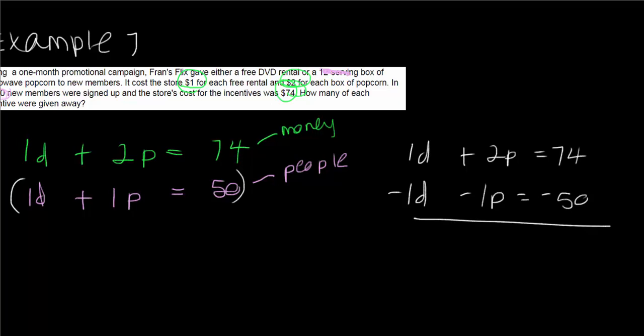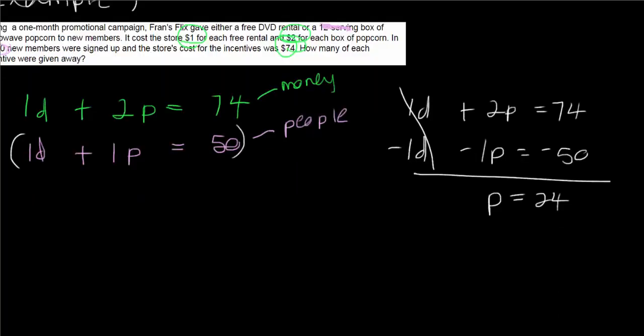And I can eliminate d right here. So the d's eliminate, and I'm left with p equaling 74 plus -50, which is 24. So I know that 24 free popcorns were given away.